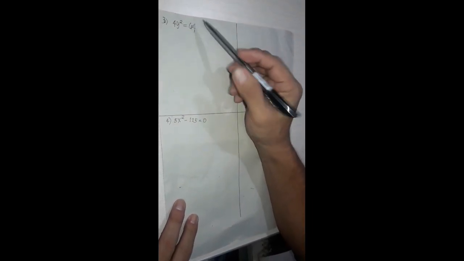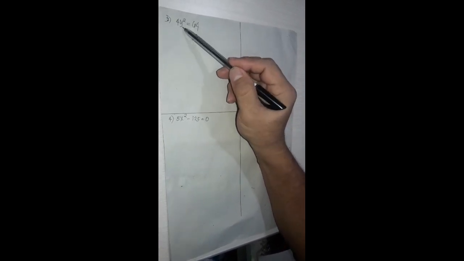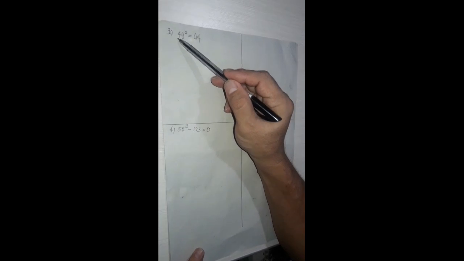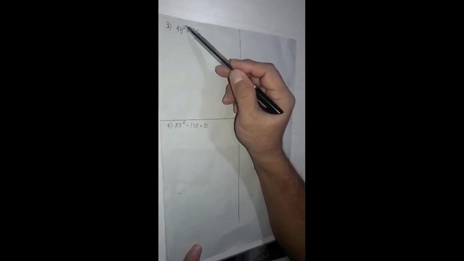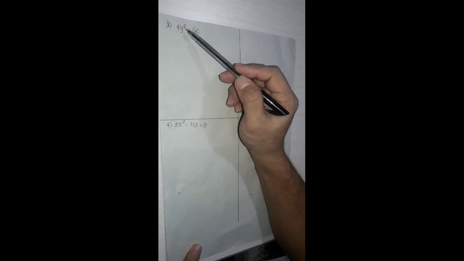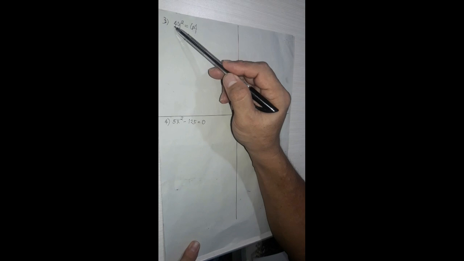The next equation is 4y squared equals 64. In here, this equation has a numerical coefficient of 4 and the exponent of 2. So we will eliminate the exponent 2 and the numerical coefficient 4.